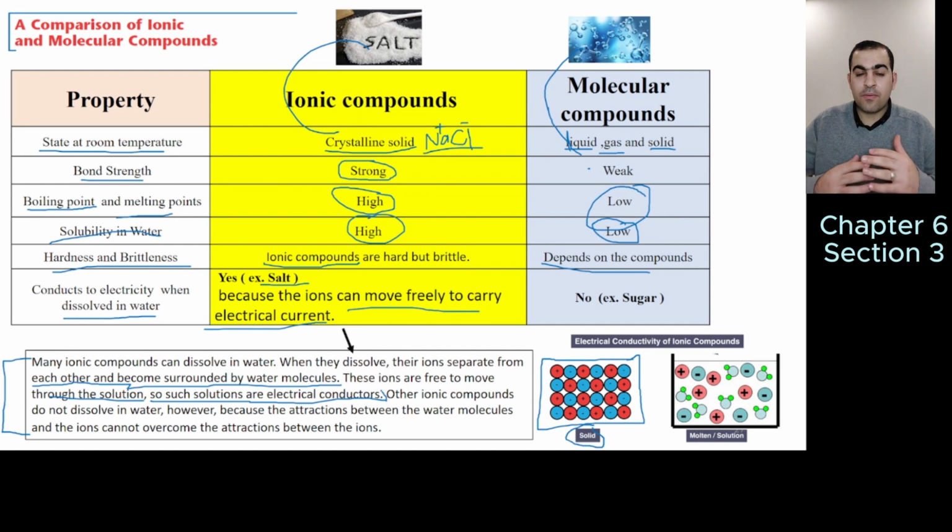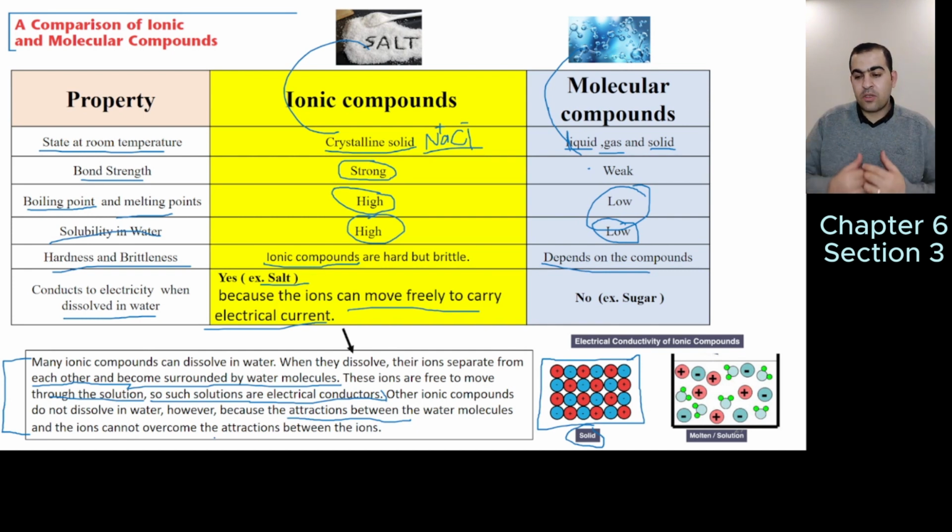Some of them do not conduct electricity because they do not dissolve in water. Why? Because the attraction between water molecules and ions cannot overcome the attraction between ions. We have positive and negative, but the attraction between water molecules and ions is not more than the attraction between ions.